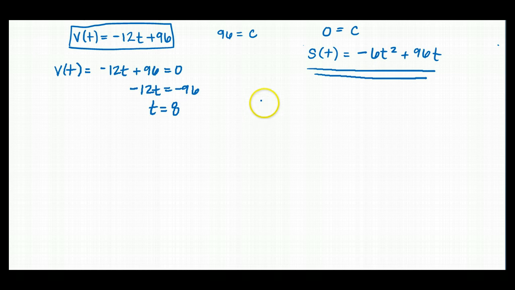So the equation I'm going to set up is s of 8, the position when the car stopped, minus the position of where the car was at when it started recording at time 0. And since this is a distance we're talking about, I want the distance to be positive. So I'm going to plug in 8 and 0 into my position function to solve for the total distance traveled.